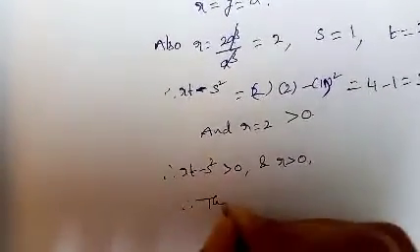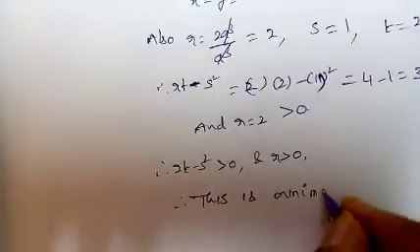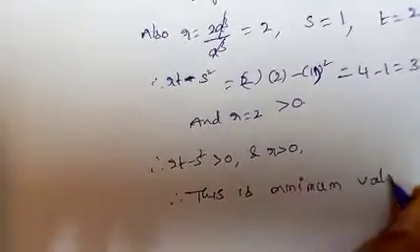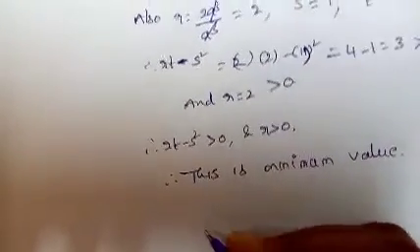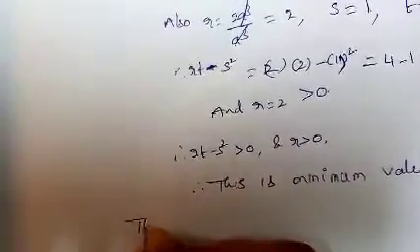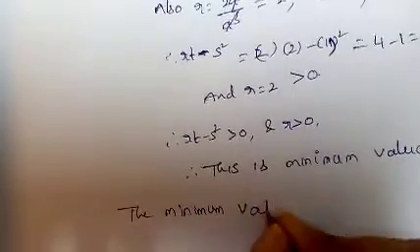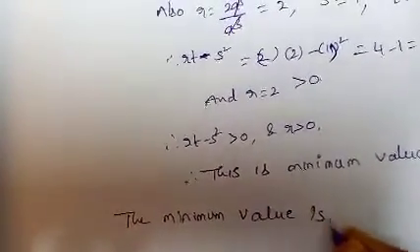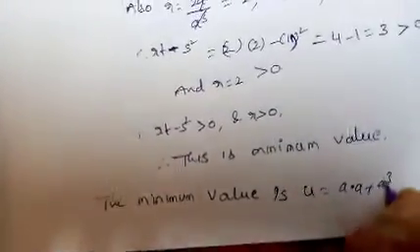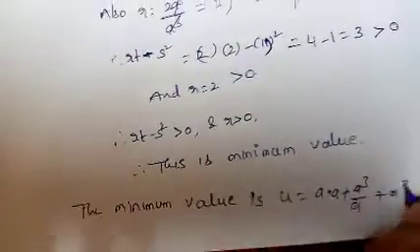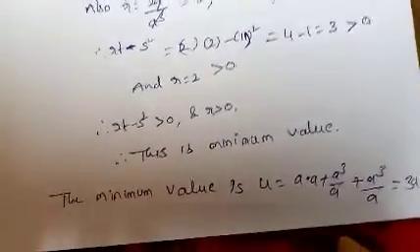Therefore this is the minimum value. The minimum value is u equal to a dot a plus a cube by a plus a cube by a, which implies 3a square.